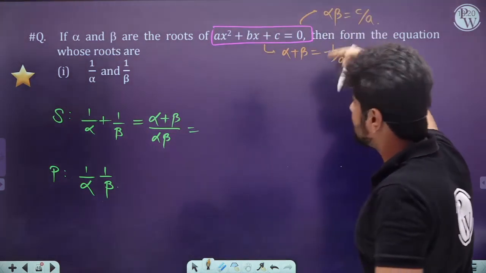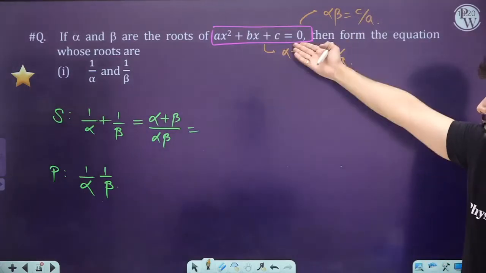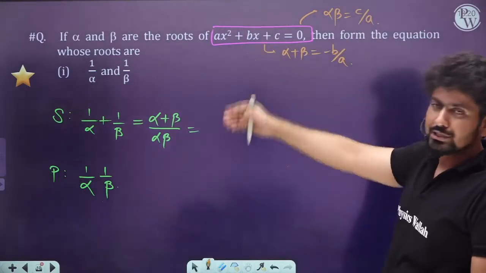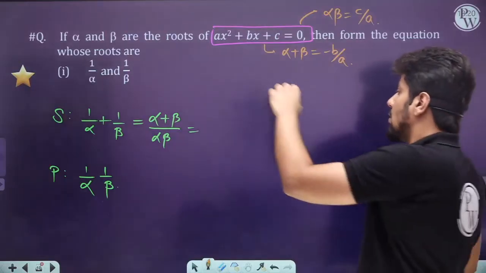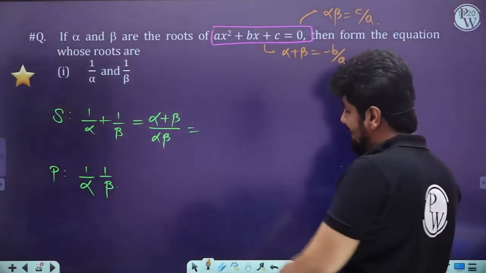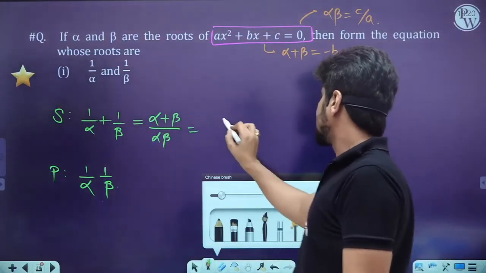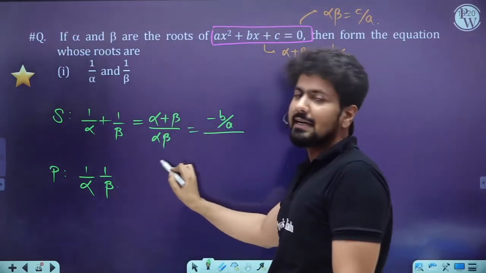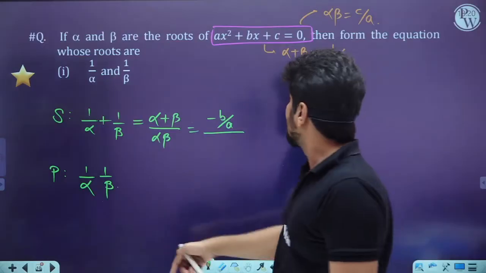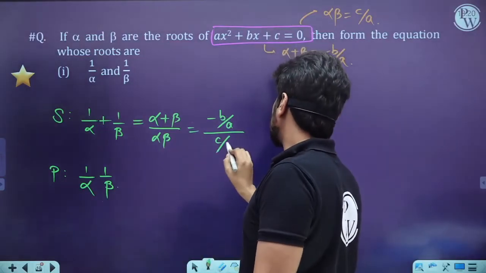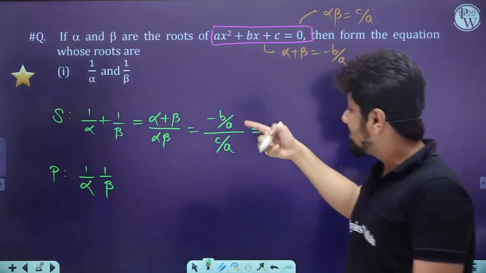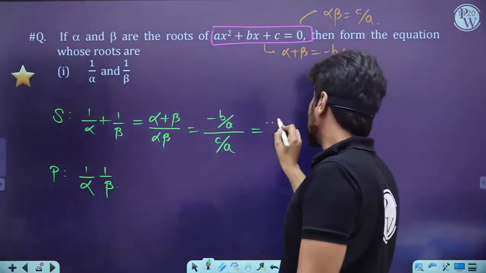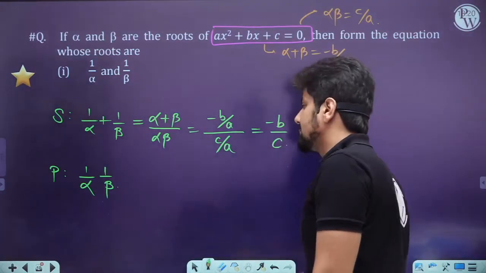These are the two pieces of information I already have from the given equation. Now alpha plus beta, I'm going to put its value as minus b by a, and in the denominator, alpha beta, I'm going to put its value as c by a. So minus b by a divided by c by a will give us minus b by c.